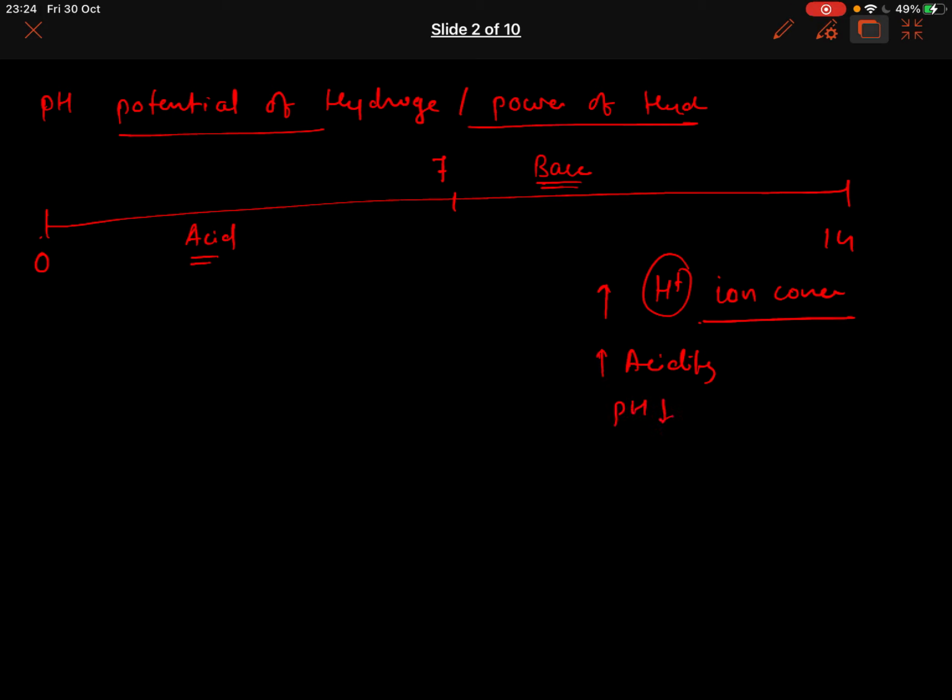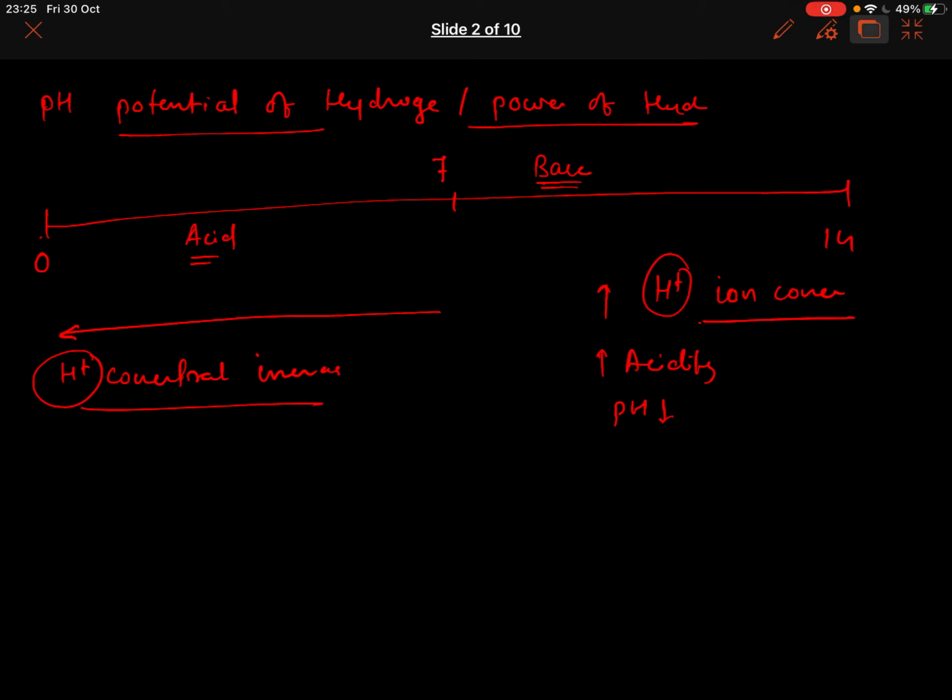So if you go from 7 to 0, the hydrogen ion concentration increases. This is one simple fundamental fact, and we are concerned about the hydrogen ion concentration because that is what drives all the biological impact of decrease in pH, or ocean acidification.